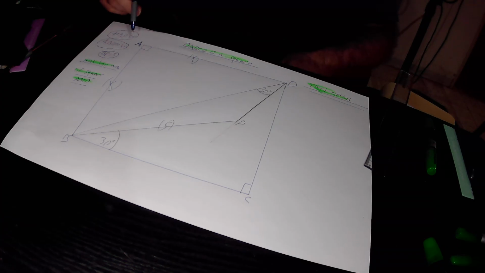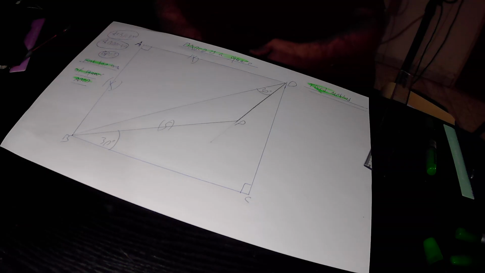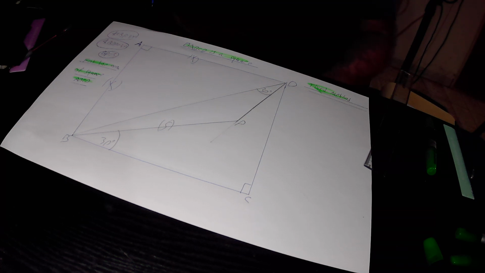So in the right-angled triangle DAB, according to the Pythagorean theorem, the square of the hypotenuse equals the sum of the squares of the perpendicular sides. So in the right triangle DAB, DB squared, the square of the hypotenuse, equals AD squared plus AB squared.